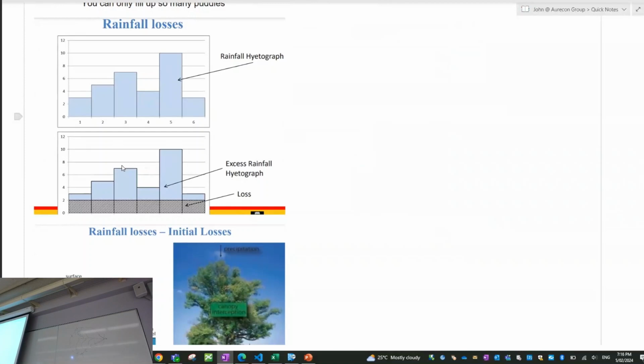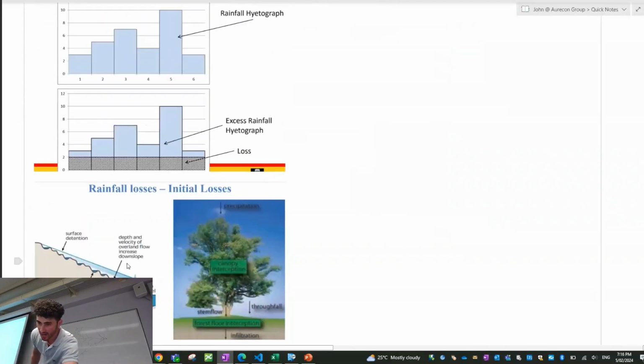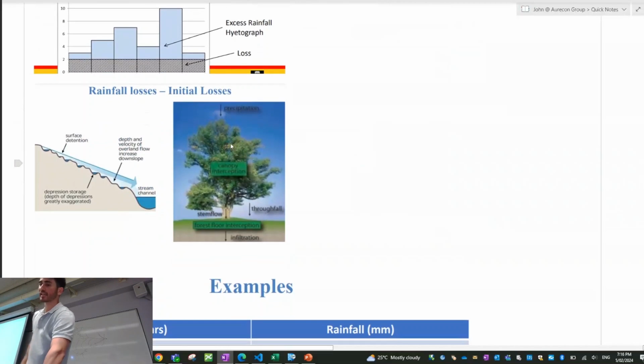There's a portion of it that you're just going to remove. Because this part is not going to enter the waterway, and it's not going to contribute to the hydrograph or the flood. Okay, this is another diagram which shows where the losses are. So for example, canopy interception, or just the terrain itself has puddles.